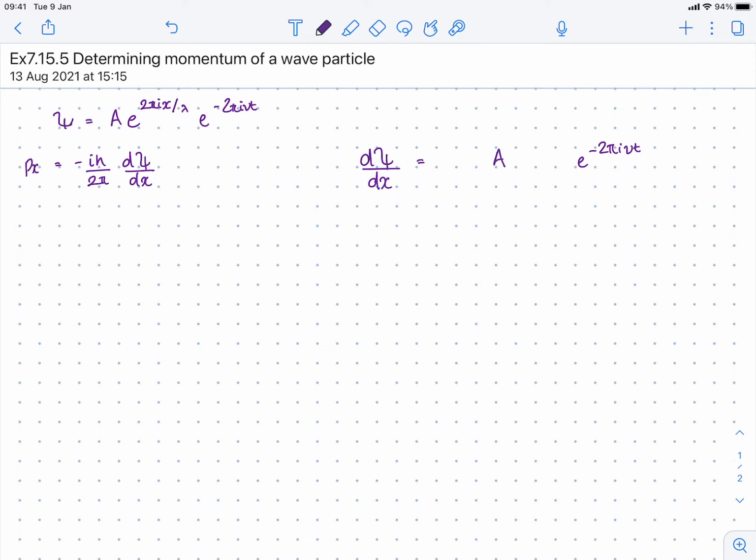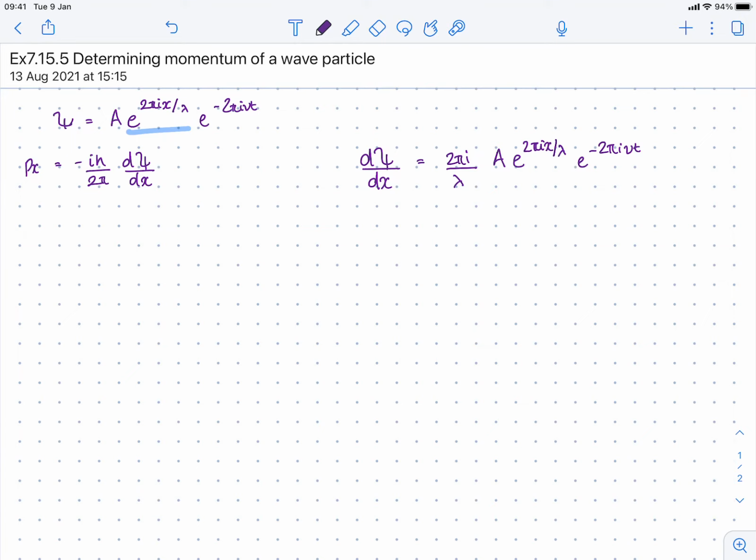And then I have to differentiate, this term here is the only term which contains the x, and so I'm going to differentiate e to the ax essentially, where a is my 2 pi i over lambda. And so if I differentiate e to the ax, I get a e to the ax, and so that means that my 2 pi i over lambda is going to be now multiplied by everything, and my e to the ax itself remains unchanged.